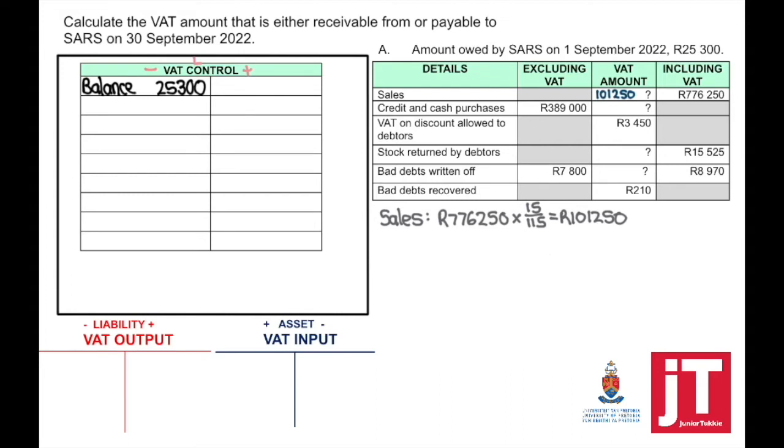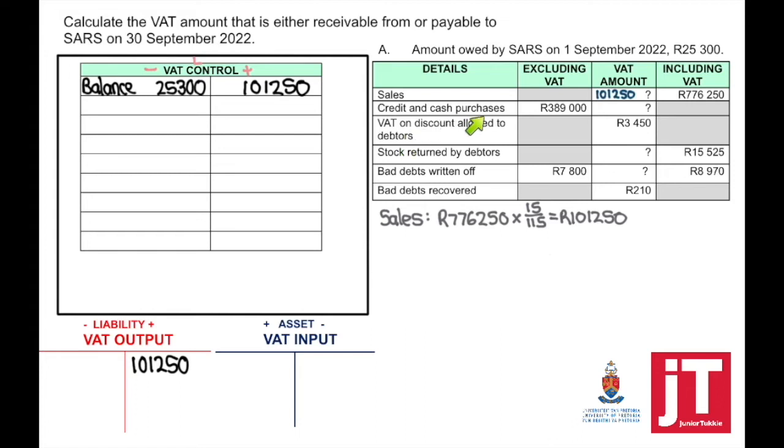Now, this is just a checklist that I'm going to use. If we're collecting VAT, it means output VAT will be credited. If output VAT is credited, the VAT control account will be credited.